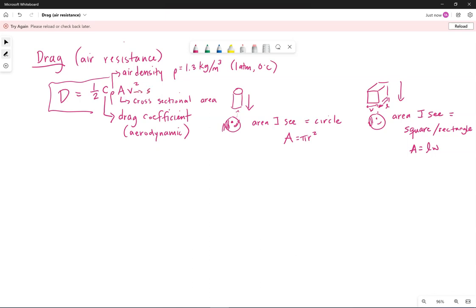V in here is the speed at which the object is moving. So this drag force is constantly changing if the speed's changing, but it's also changing because that air density is changing.